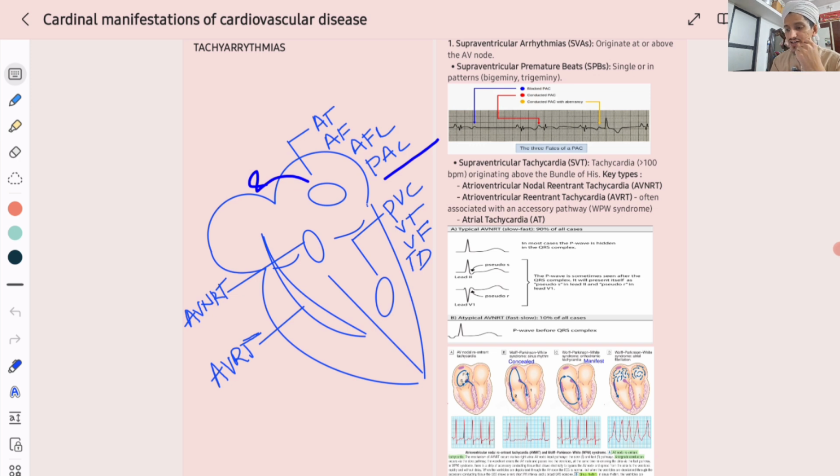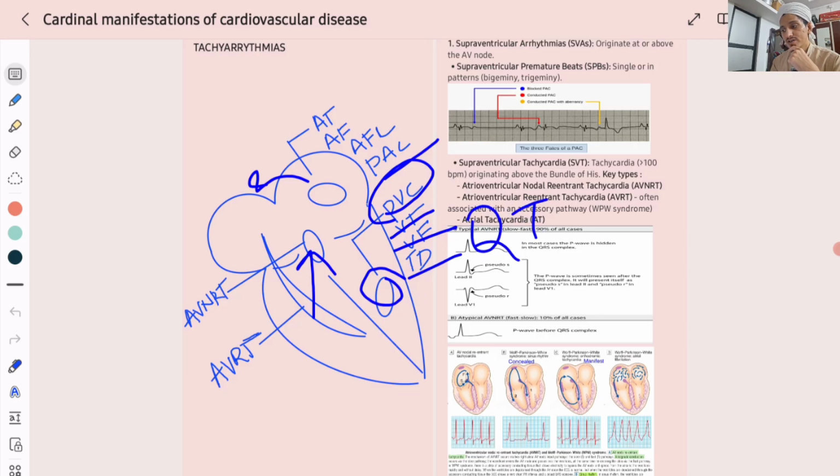Now see, this is the ventricular side. An example for this is premature ventricular contraction. Now in PVC, drugs like adenosine, verapamil, diltiazem, all this will not work. And ventricular tachycardia will originate from the ventricles. Ventricular fibrillation, Torsades de pointes is QT prolongation.